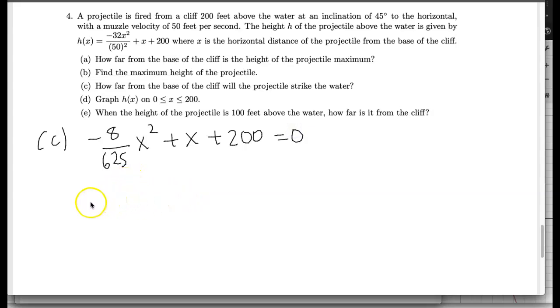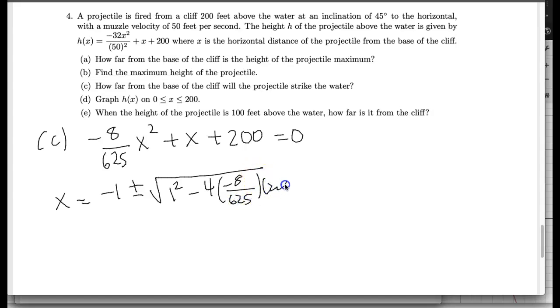We'll use the quadratic formula on this, so x will equal negative 1 plus or minus the square root of 1 squared minus 4 times negative 8 over 625 times 200, and that's all divided by 2a, 2 times negative 8 over 625.